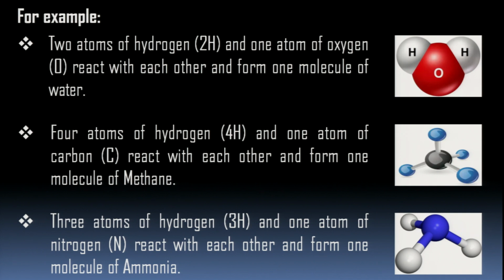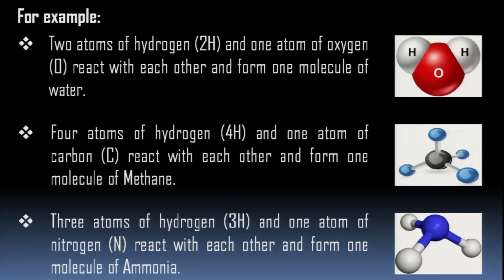C in the middle and 4 H atoms. Then comes ammonia, NH3. See, nitrogen in the center and 3 atoms of hydrogen. This is how they form the molecules. Okay? Look at the screen for a few seconds and you can remember this.